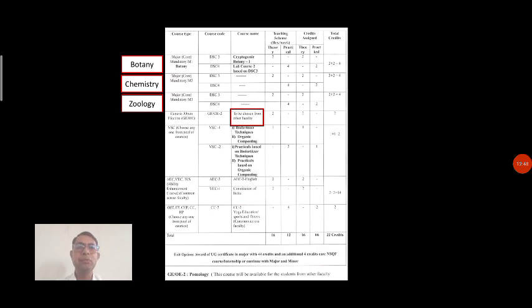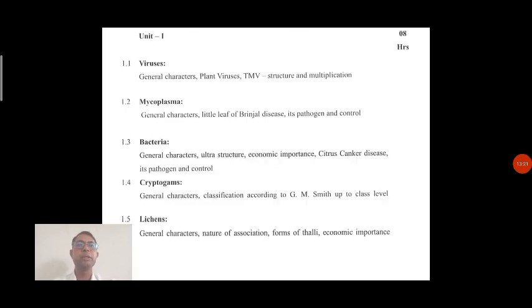Then VEC 1, the Constitution of India, and CC 2, which is the subject given by the university itself in the syllabus, that is yoga education. So these are the different subjects given to the student, and practicals are also included. So here we stop with this now.